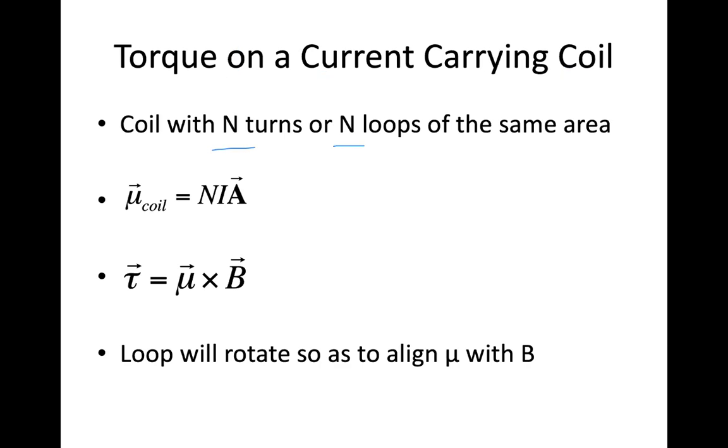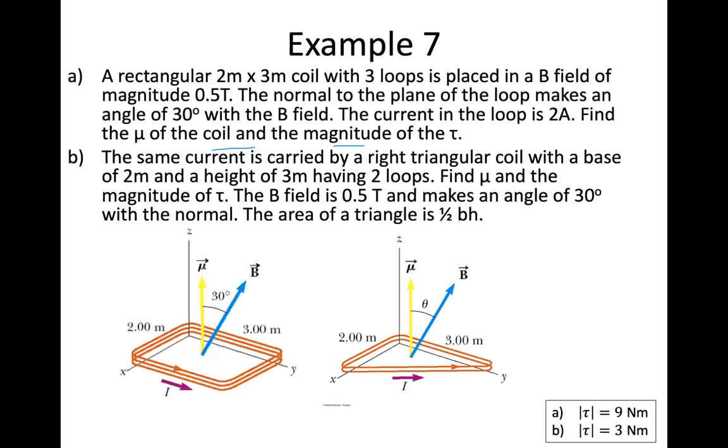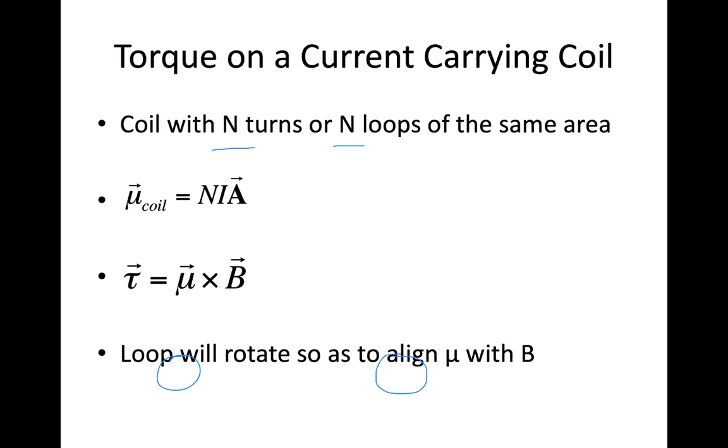What is that going to look like? Let's see, it's going to look something like this. Instead of just one single coil, I see that I've got 3 coils. Instead of just one single loop, I see that I have 2 loops. Okay, that N refers to how many loops you have.